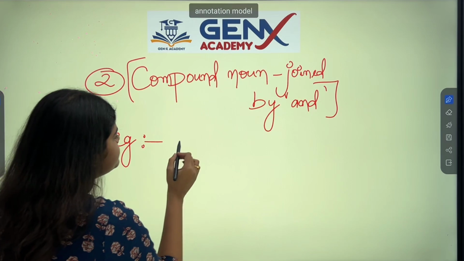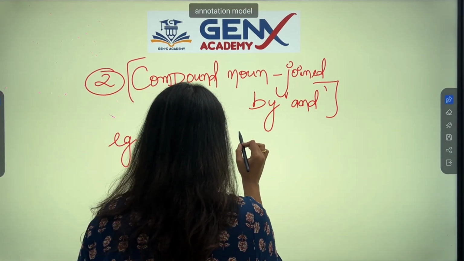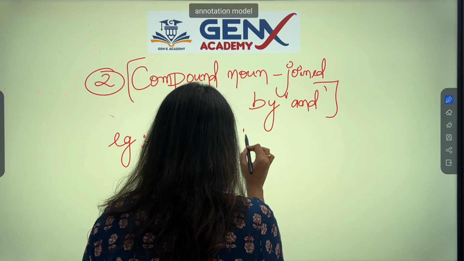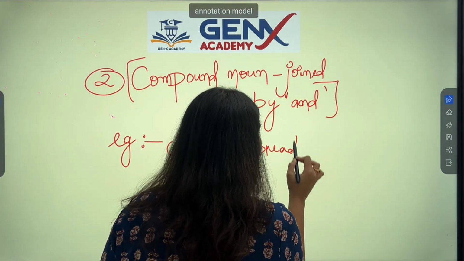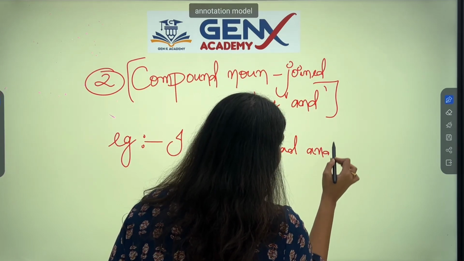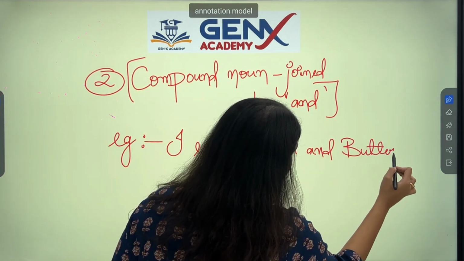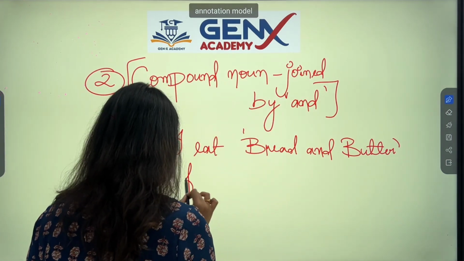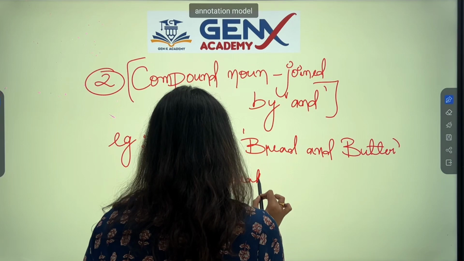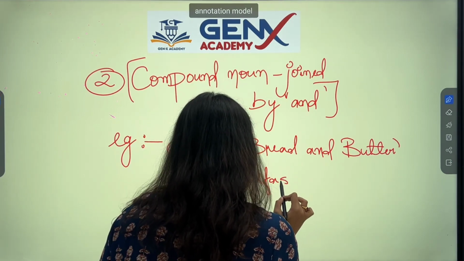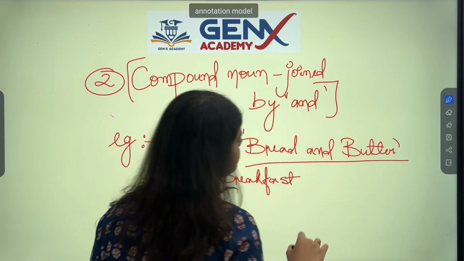For example, I eat bread and butter for breakfast. So this is a compound noun which is bread and butter.